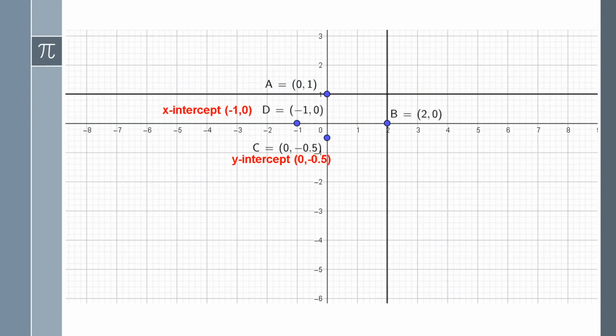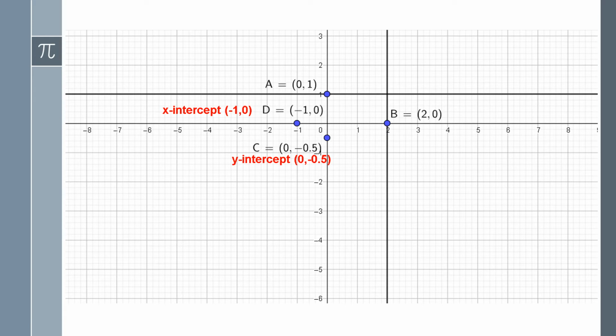So, let's plot the x-intercept and the y-intercept. Remember, our x-intercept is negative 1, 0, and the y-intercept is 0 and negative 0.5. As I said a while ago that the x-intercept must lie within the x-axis or dapat matamaan niya yung x-axis, and then yung y-intercept naman dapat matamaan niya or dapat nakalay siya within the y-axis. In the x-intercept, since wala tayong y-coordinate, we will plot the point on the negative side of the x-axis.